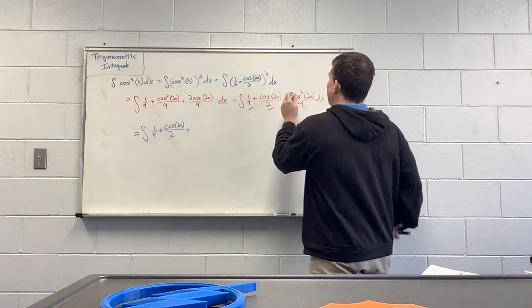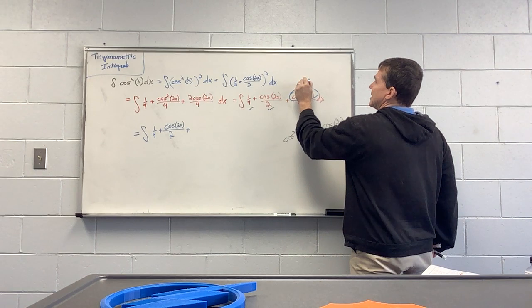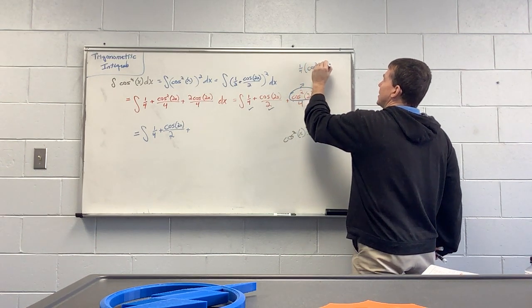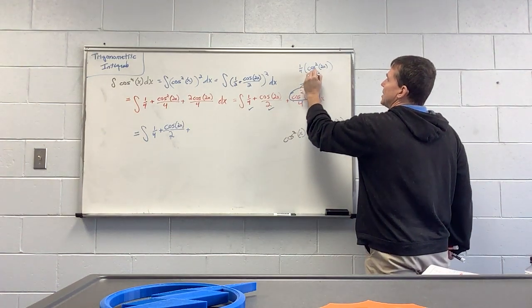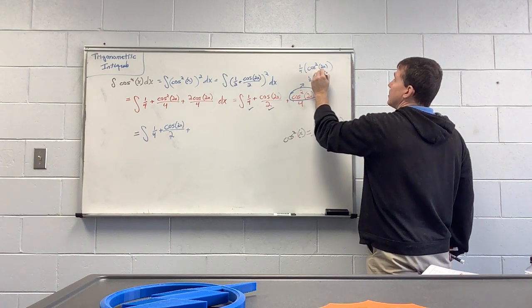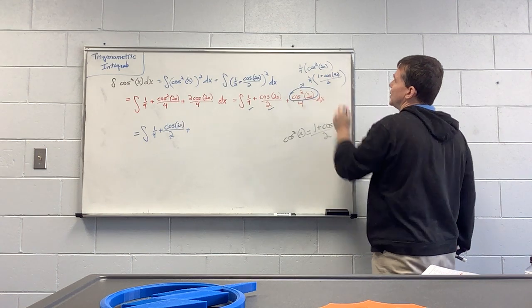I'm going to write this separately just so we can see the algebra. This is 1/4 times cosine squared 2x, which then becomes 1/4 times 1 plus cosine 4x all over 2.